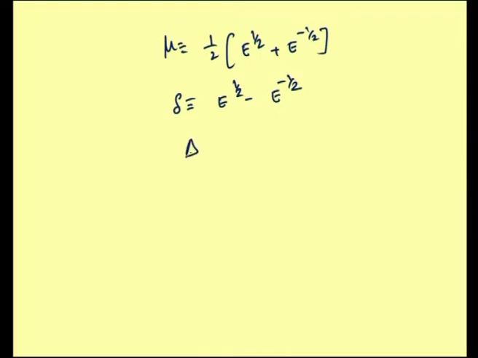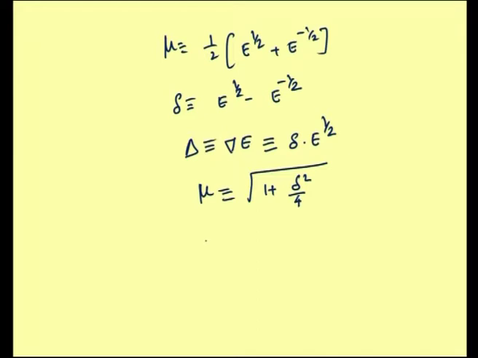And delta is equal to nabla into E and is equivalent to delta into E to the power 1 by 2. And also we have mu in terms of delta, root of 1 plus delta square by 4, and then the differentiation operator capital D.